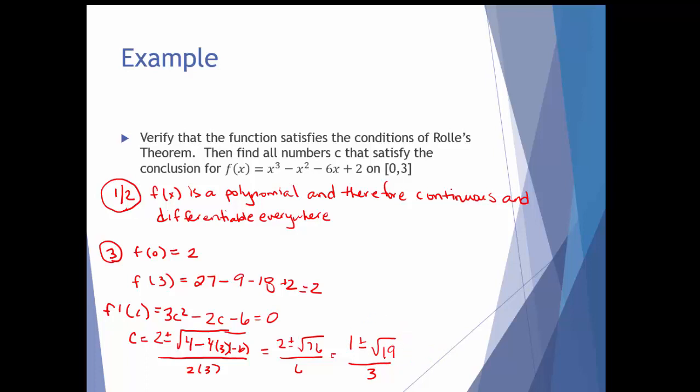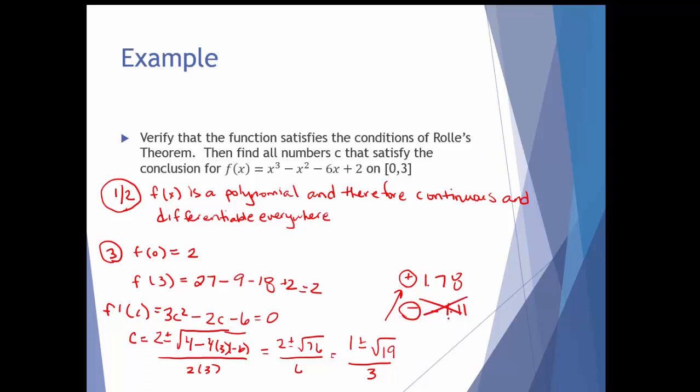We found 2 c values, but the trick is you want to make sure that these satisfy the conclusion, and the conclusion is that you're guaranteed a c on this interval, somewhere in between 0 and 3. If you check the decimal representation of 1 plus or minus the square root of 19 over 3, the plus version gives you 1.78, and the minus version gives you negative 1.11.